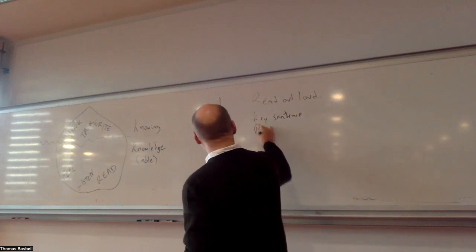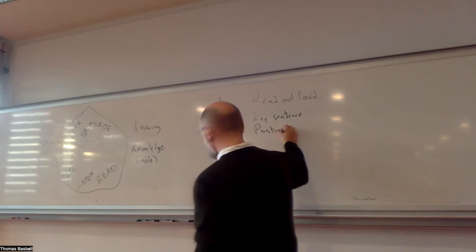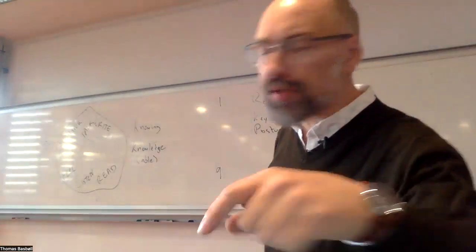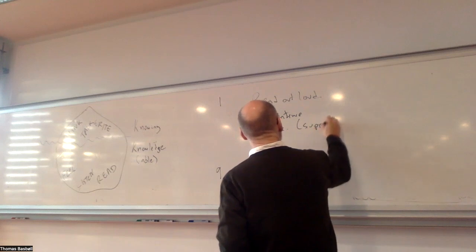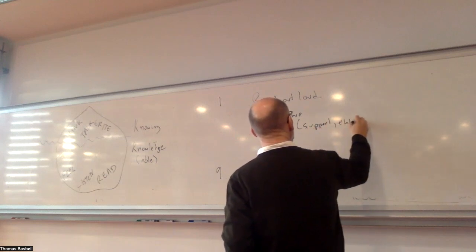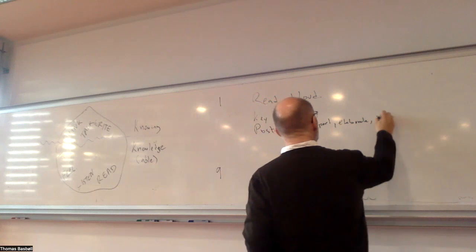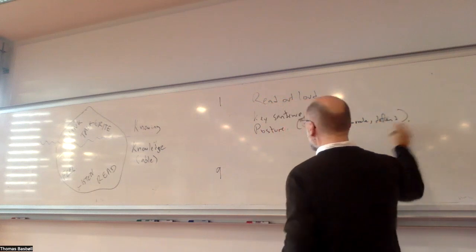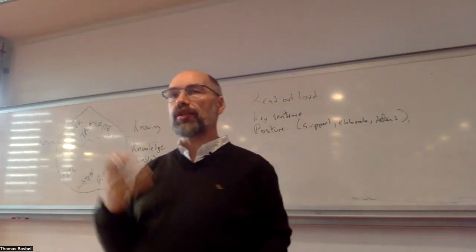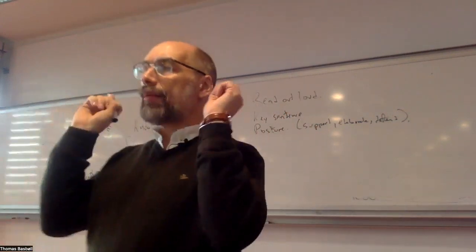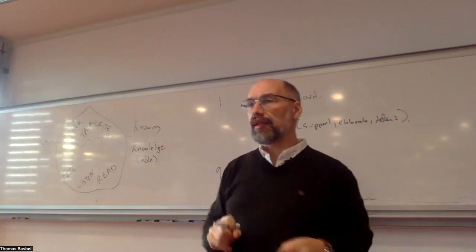And this is what I call posture. The posture can be support, elaborate, or defend. So in what rhetorical posture has this paragraph been written? I'm saying this thing, and it's the second sentence.